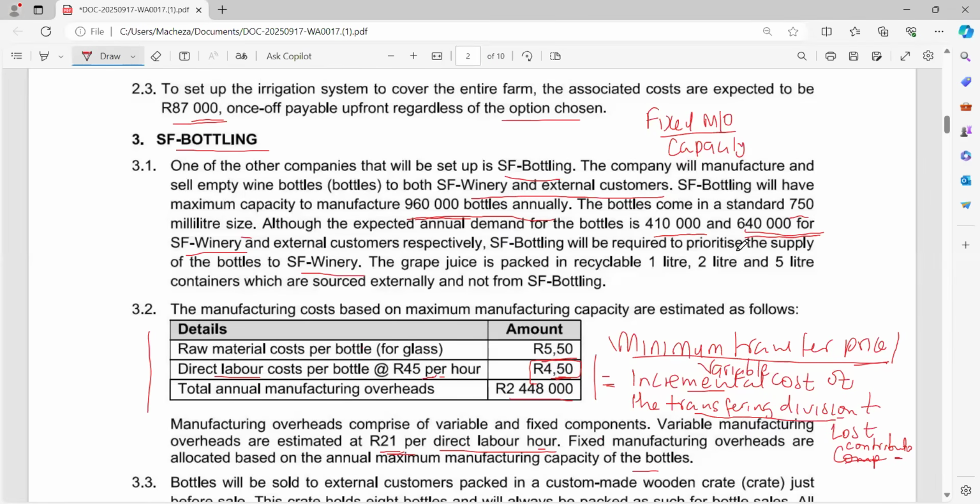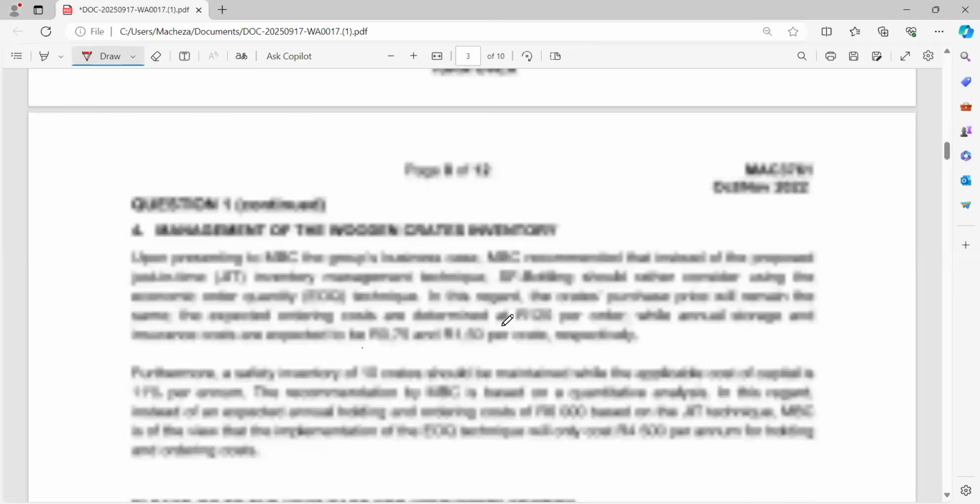Then when you give to the internal market, how many are you going to be left with? Obviously there's going to be a shortfall. If we say 640,000 plus 410,000, it is going to be 1,050,000. So already there is going to be a shortfall. So we just come here and do it this way.